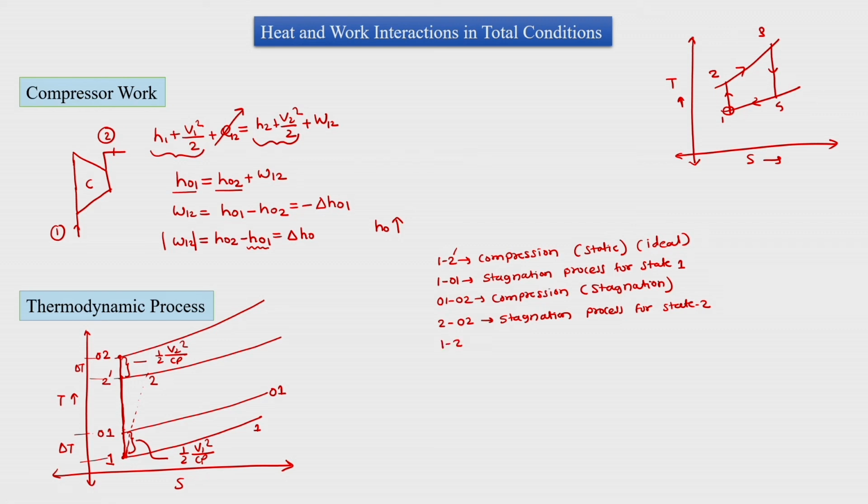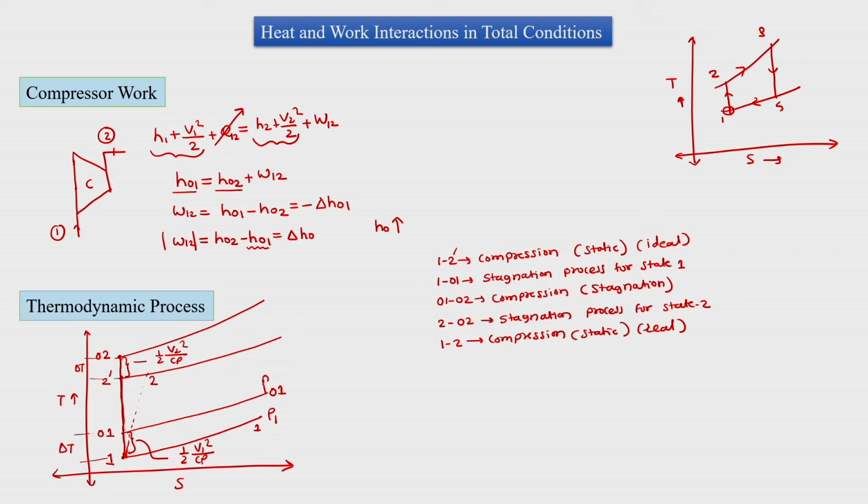So, 1 to 2 is compression in static sense, which is real, and we are saying this is a constant pressure line.